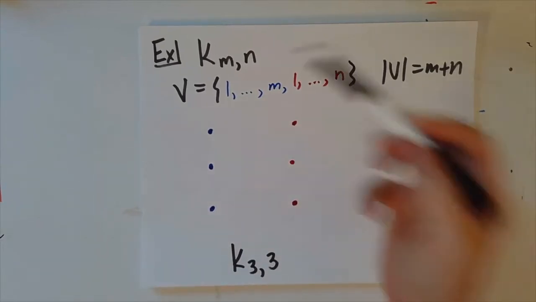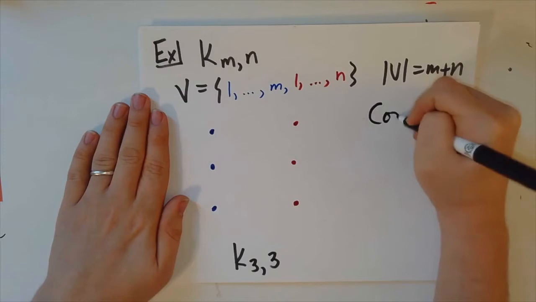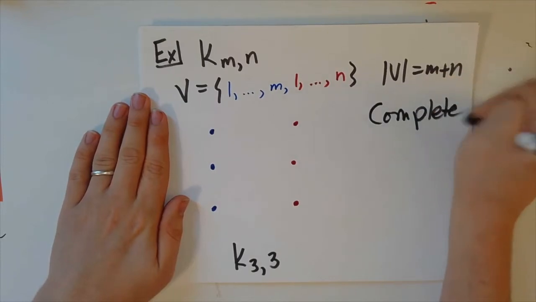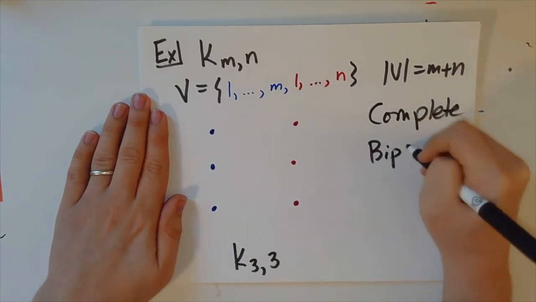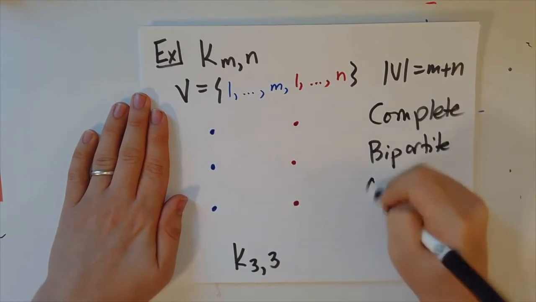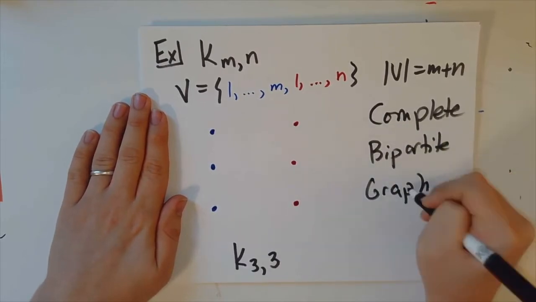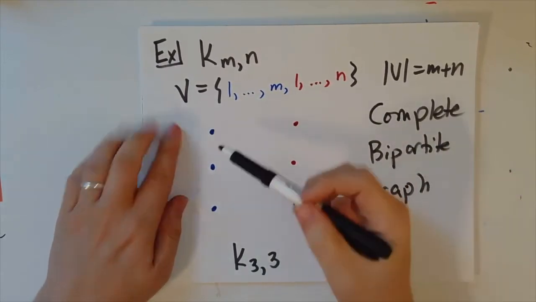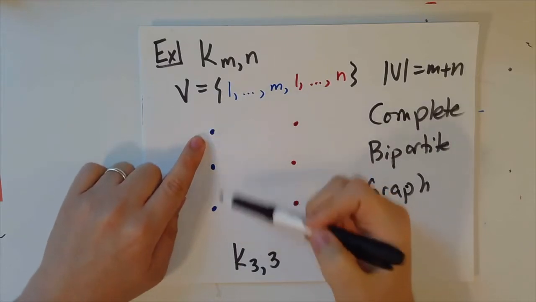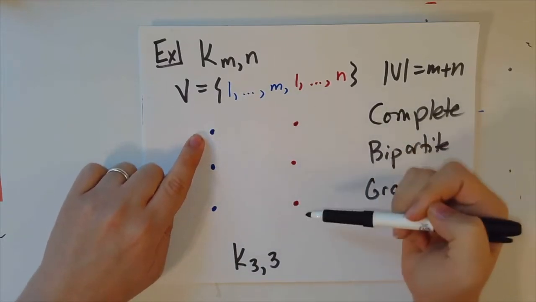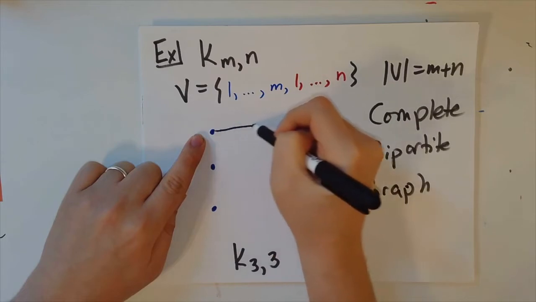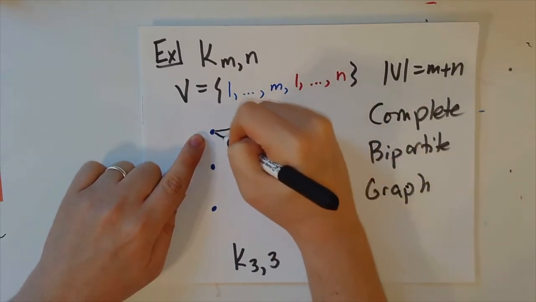And the way the complete bipartite graph works, I'll write that over here just to remind you, is that we connect every blue vertex to every red vertex. So we'll do something like this.